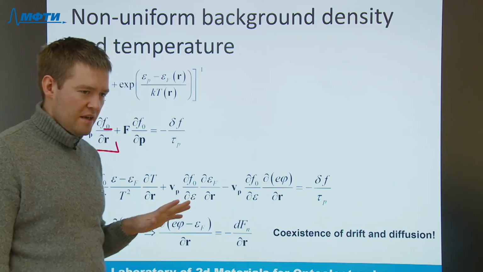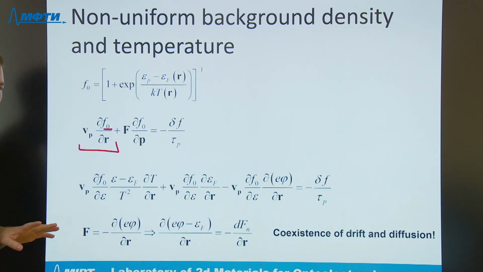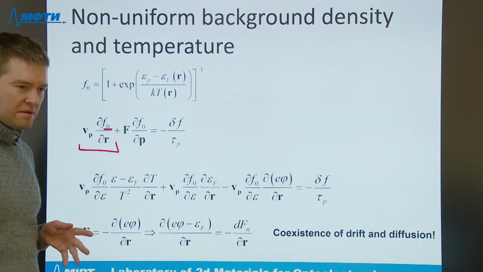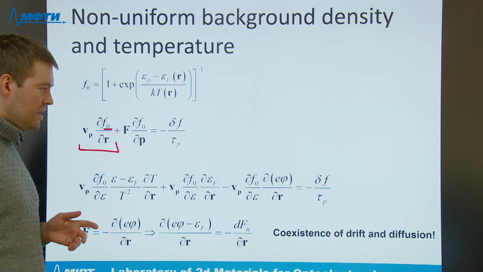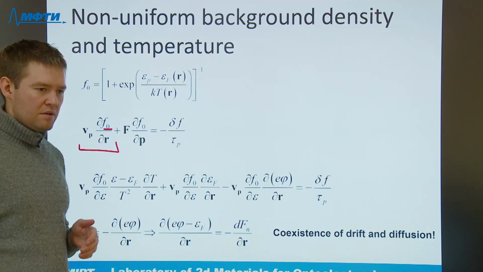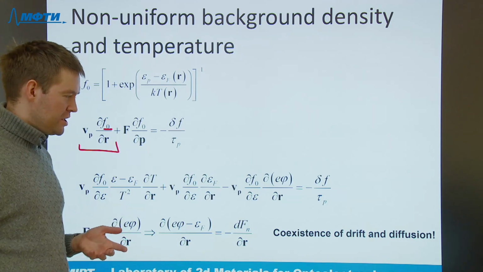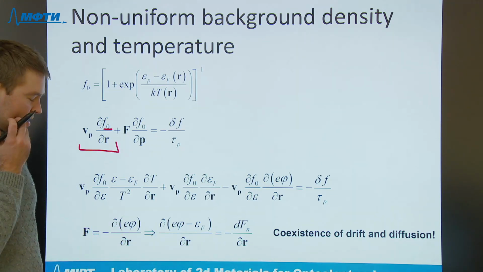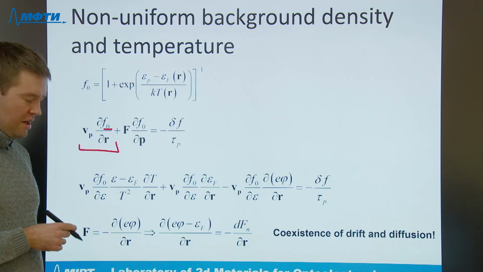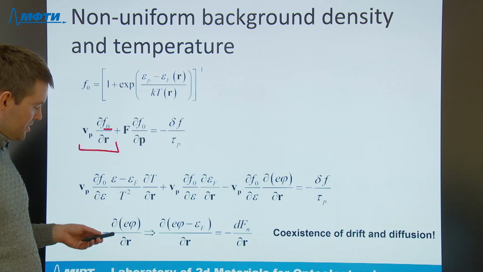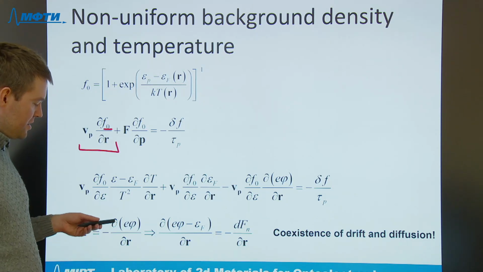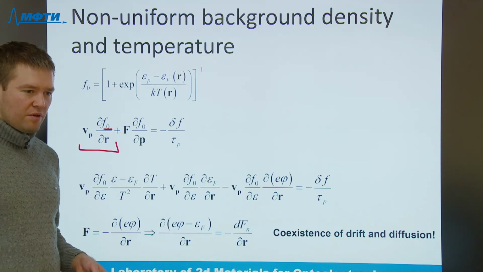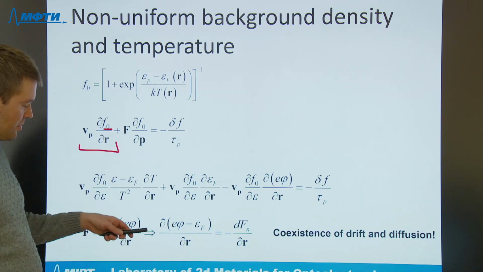Just a hint for account of diffusion. To calculate diffusion in semiconductors, we do not need to solve the equation again, because if we have solved the kinetic equation in the presence of electric field, in the presence of electric potential gradients, dE by dr, when you have non-uniform density in the sample, you just make a replacement.